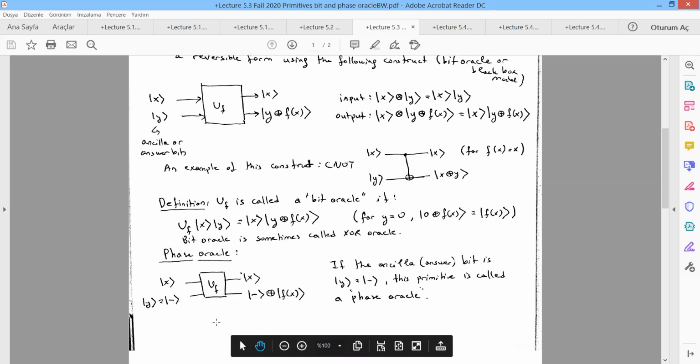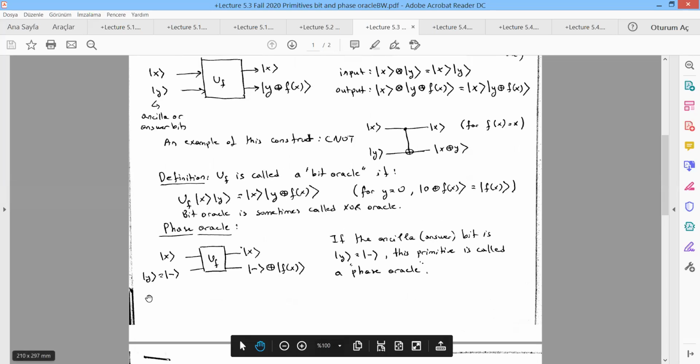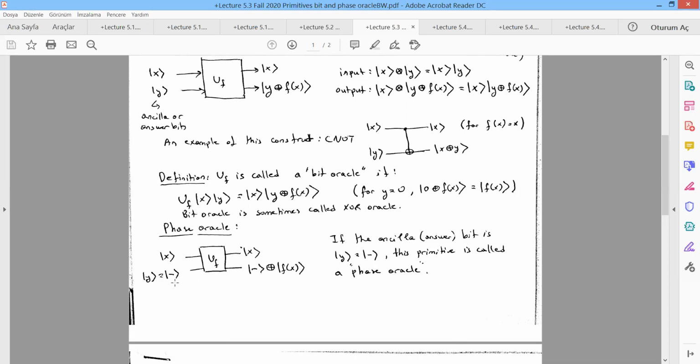There is another kind of oracle, another kind of black box circuit model, called a phase oracle. The only difference between a bit oracle and a phase oracle is that the ancilla bit, the |y⟩ ancilla bit, is in the minus state, |−⟩. So in this case, this kind of oracle is referred to as a phase oracle, and we'll see why.